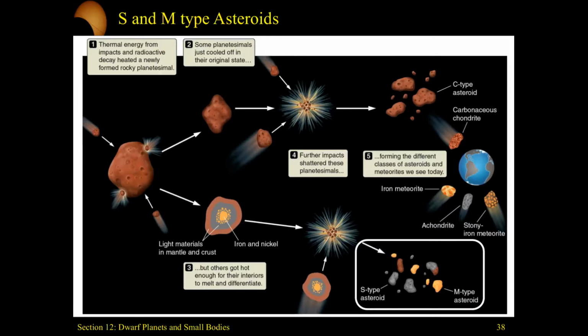Coming back to our initial planetesimals, what would make the S and M types? Well, these planetesimals grew massive enough that they eventually started to get hot in their interiors. Hot enough for a little bit of geological activity, enough for differentiation to occur.